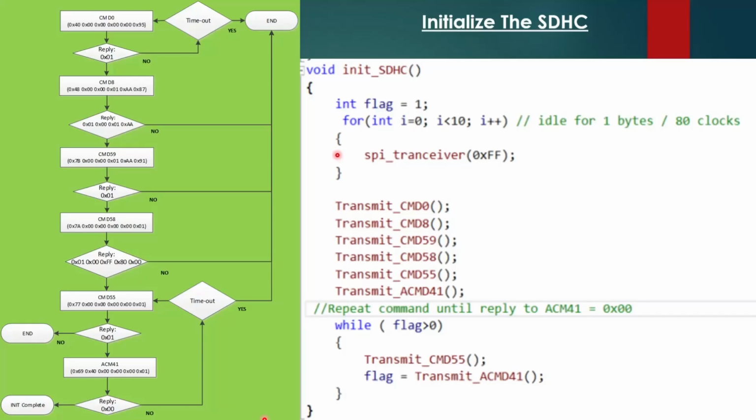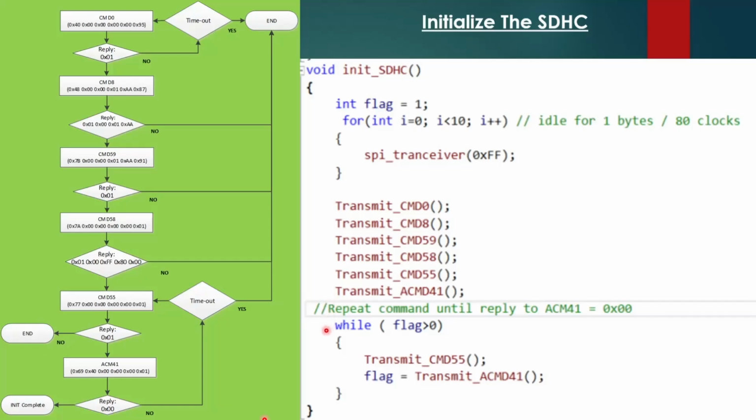Once we accomplish that, we're ready to start sending out our commands. That 80 clock cycle is like waking up the SDHC. Then we go ahead and send the commands 8, 59, 58, 55 and 41. These are the routines that take care of transmitting the command and also verifying that the command was successfully processed by the SDHC.